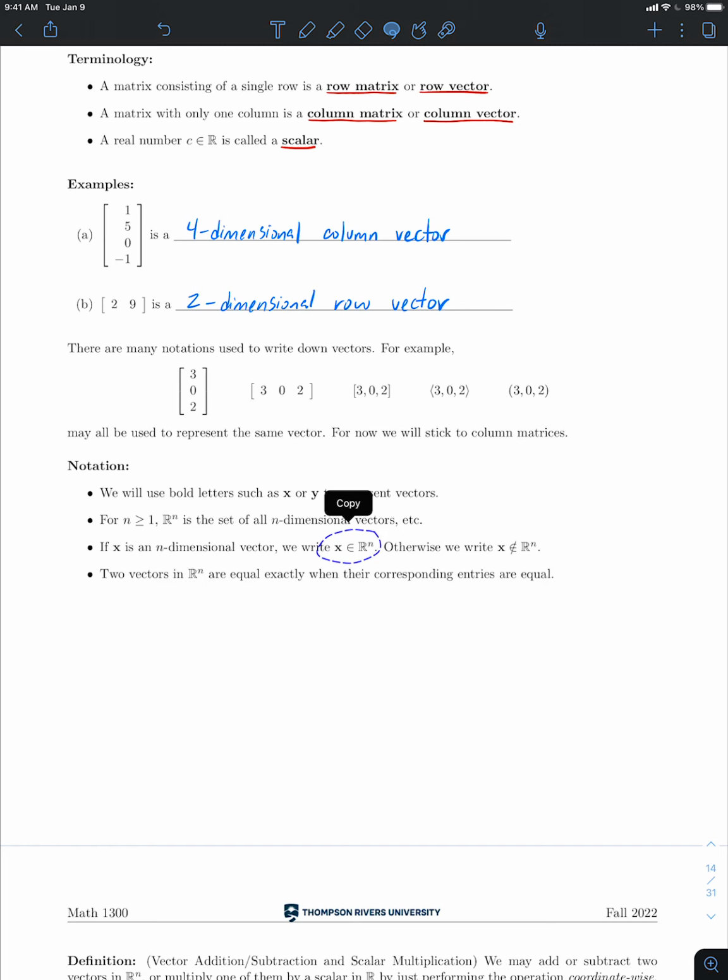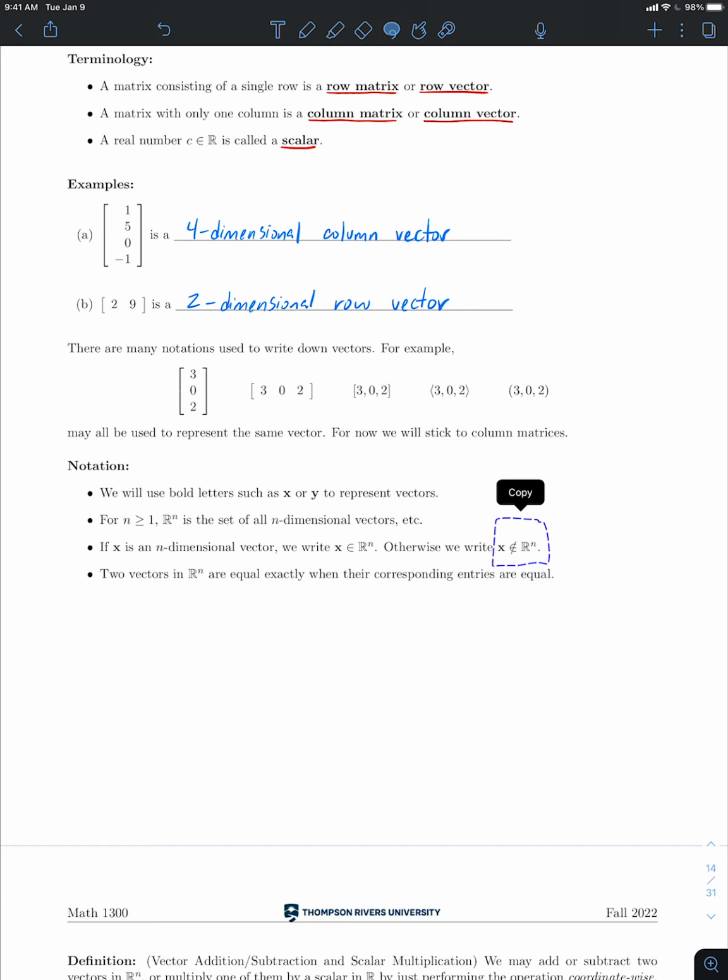And remember, Rn is just the set of all n-dimensional vectors. So if x doesn't have n coordinates, if it's got some other number of coordinates, so maybe x is an n-1 dimensional vector or an n+1 dimensional vector, well then it wouldn't be an n-dimensional vector, in which case we will say that it doesn't belong to Rn.